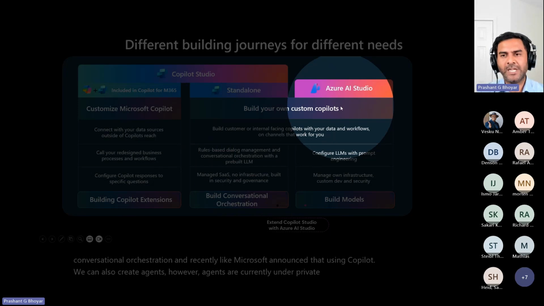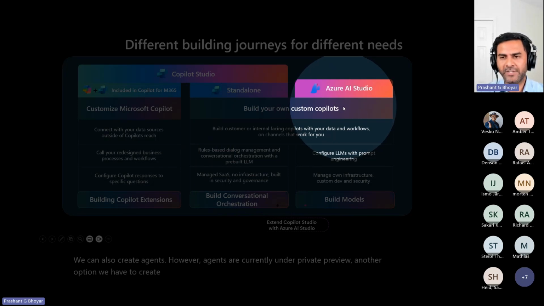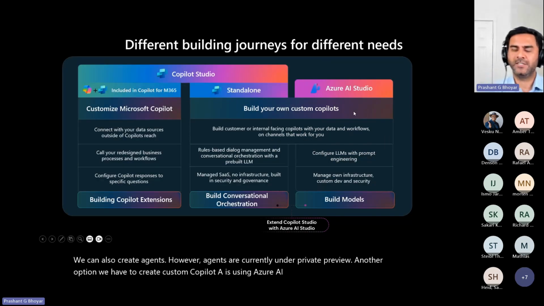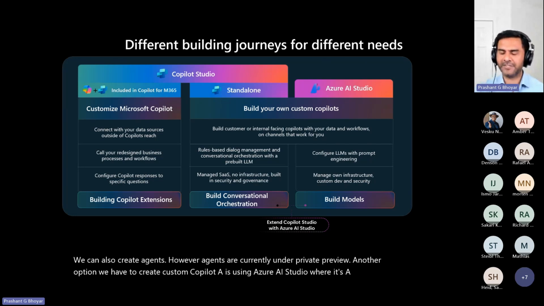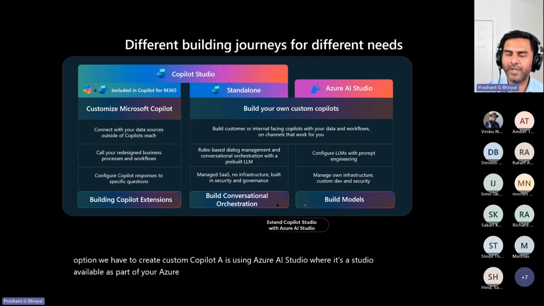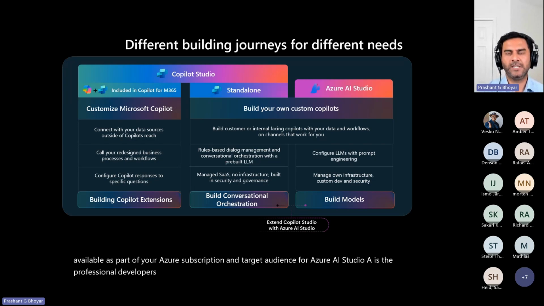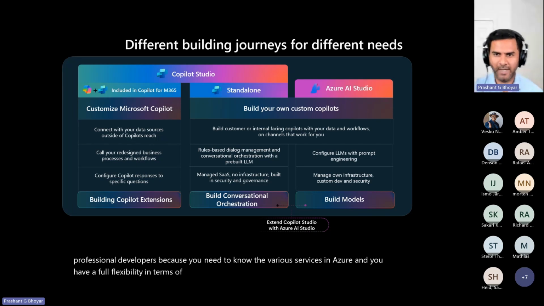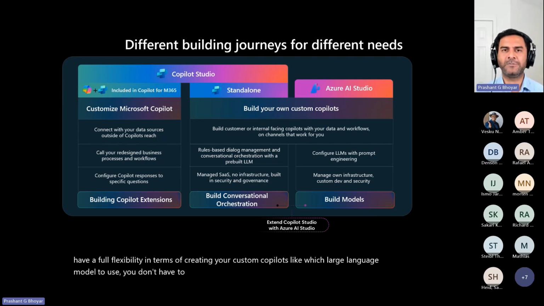Another option we have to create a custom Copilot is using Azure AI Studio, which is a studio available as part of your Azure subscription. The target audience for Azure AI Studio is professional developers, because you need to know the various services in Azure, and you have full flexibility in creating your custom Copilots, like which large language model to use. You don't have to necessarily stick with the large language models from OpenAI.